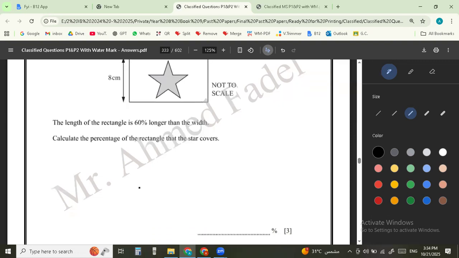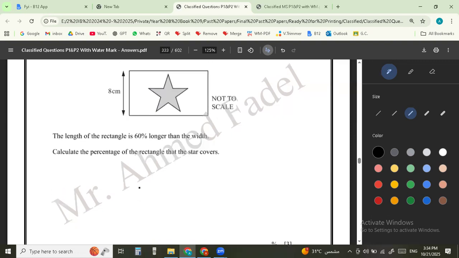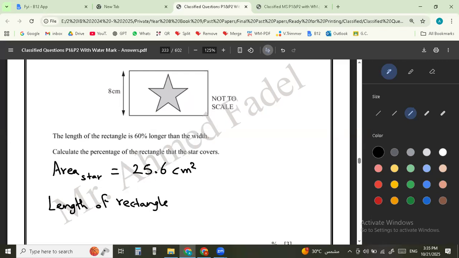So I'm going to go down here and write area of the star, 25.6 centimeters squared. This is not the answer to the question. I need to continue reading here. The length of the rectangle is 60% longer than the width. The width is 8, so length of rectangle equals what? 8 centimeters times what is the multiplier of 60% longer?